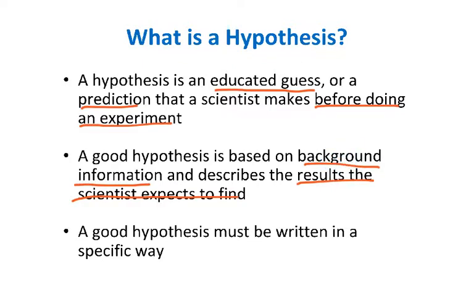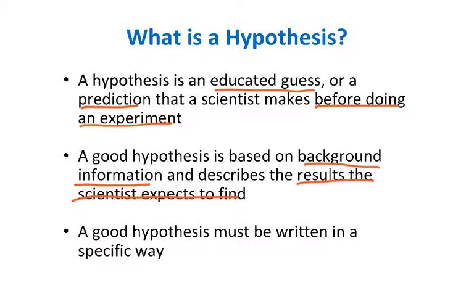Now, this background information can come from maybe some research you did using Google. It might come from personal experiences you've had in your life, but the prediction that the scientist makes should be based on some sort of logic, some sort of background information. It should not just be a random guess, okay?